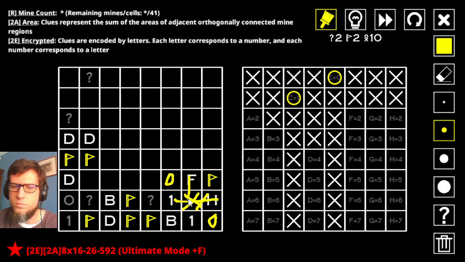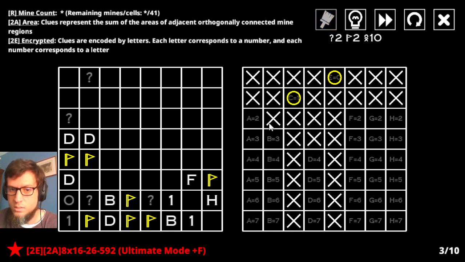Then the F and H will always share the same number of mines that result from these ones. So this F needs to have something outside of the influence of that H, because otherwise it will have the same number of mines, which is not possible. In particular, F must be greater than H, and in addition to that, those two chains can't connect, and therefore H must be 2.